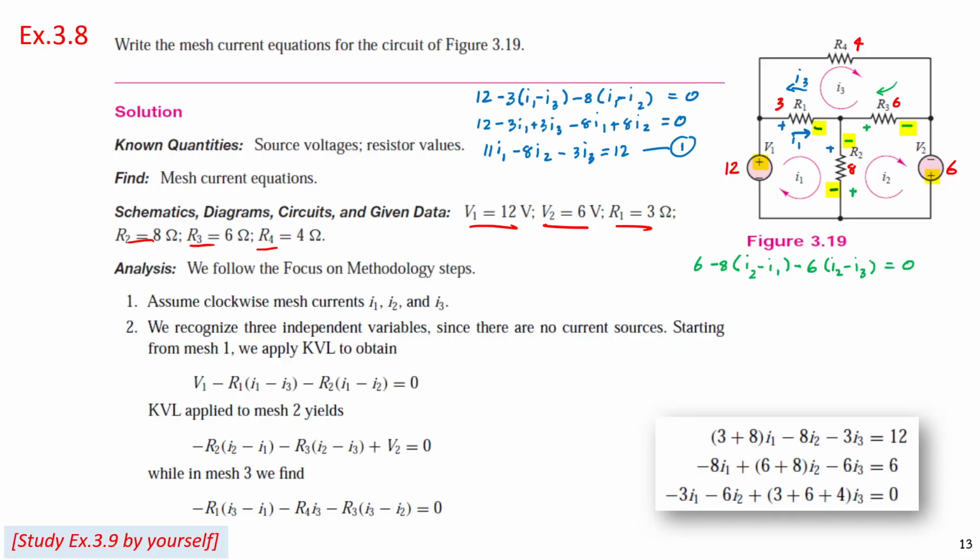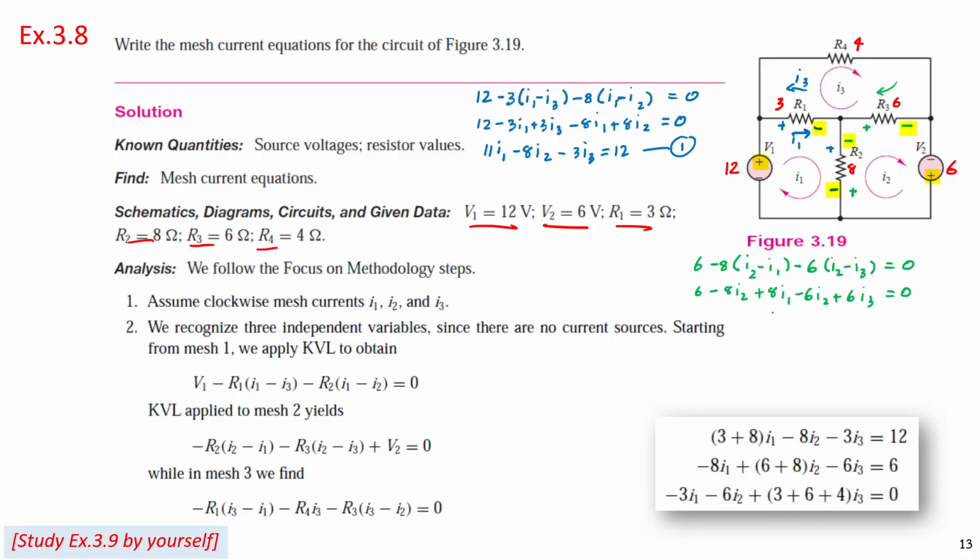Just rearrange this. We get minus 8I1, step by step, 6 minus 8I2 plus 8I1 minus 6I2 plus 6I3 equal to 0, right?